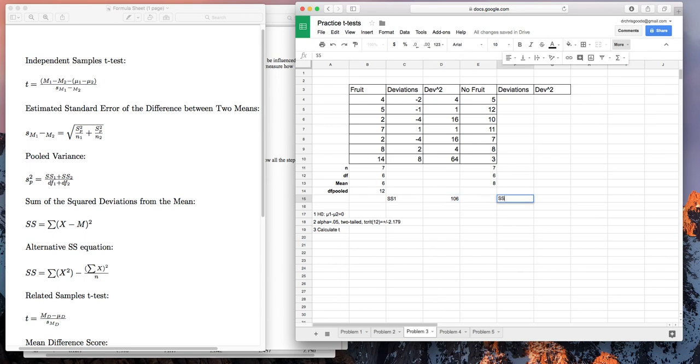Now sum of squares number 2 is going to go over here. So let's deviate this from its mean, which was 8, right? But I want it to always be cell E13, even when I copy and paste here. All right. We'll square that.